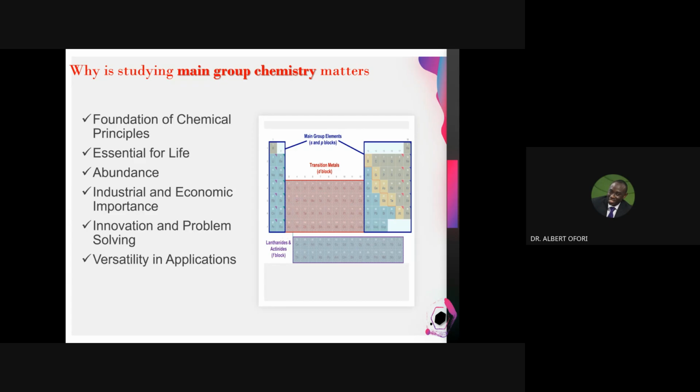He made a breakthrough in arranging the elements in this particular order. Of course, at that time, he had less than 50 elements, so he could not arrange all the elements. After him, we discovered more elements. But then he made some predictions as to how these elements that we discover should be arranged.